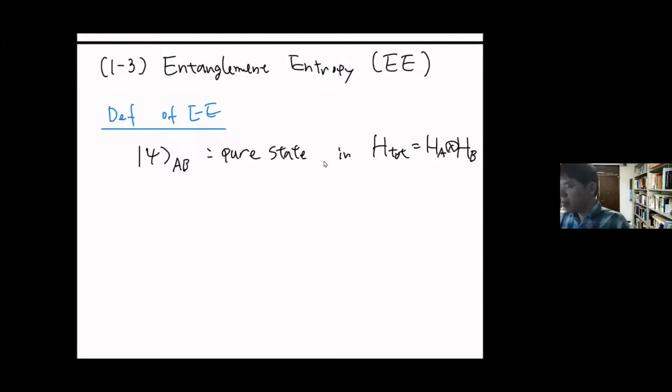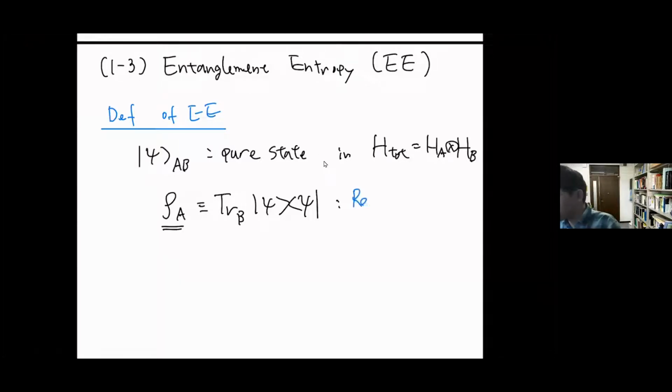Then we introduce something called the reduced density matrix, rho A, by taking the trace over B. So this is a state for A. This is a mixed state, and this is called the reduced density matrix. Okay, and then we can define entanglement entropy.